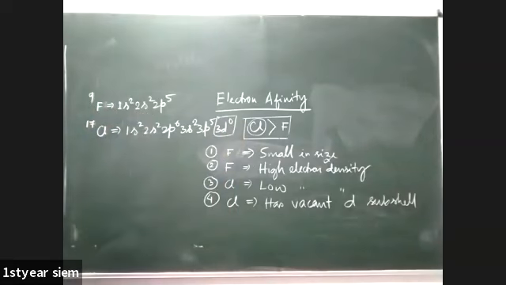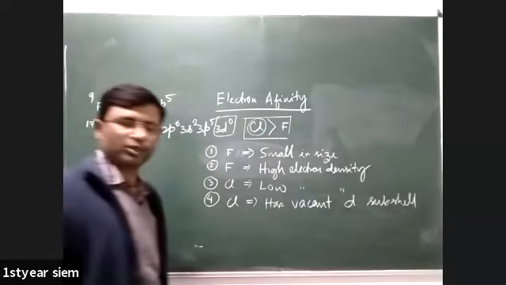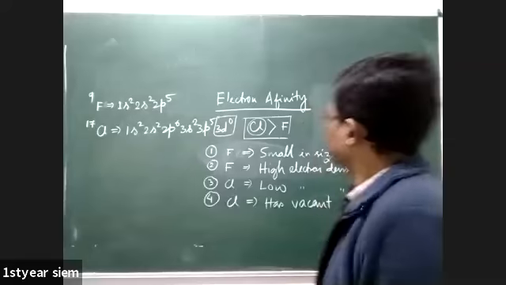But 2d is not possible, there is no D subshell in the second orbit.